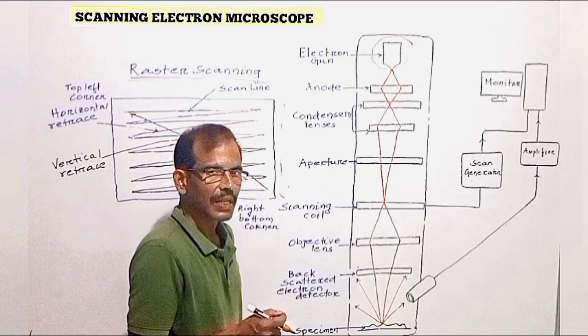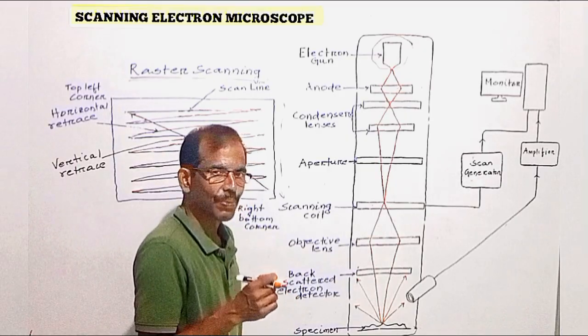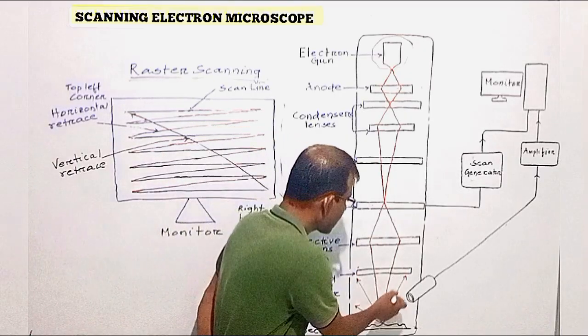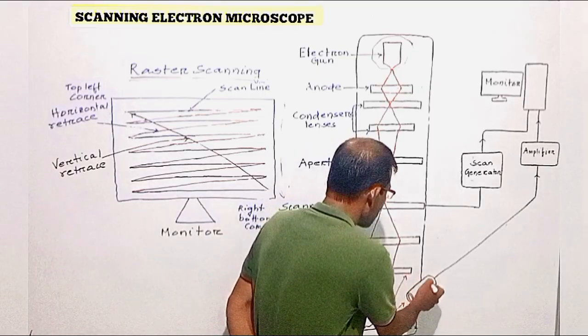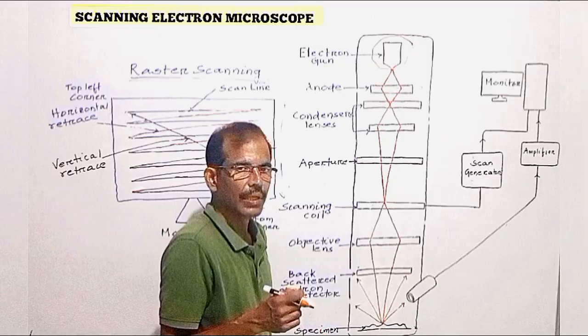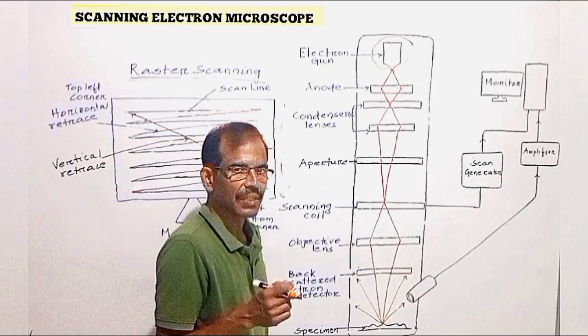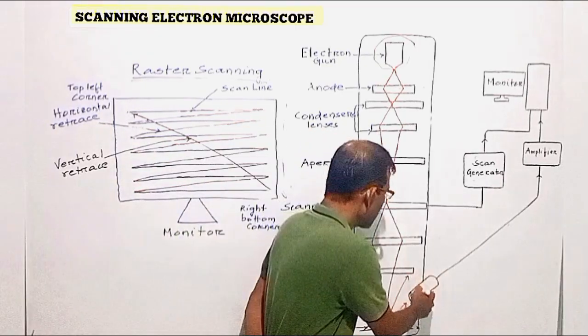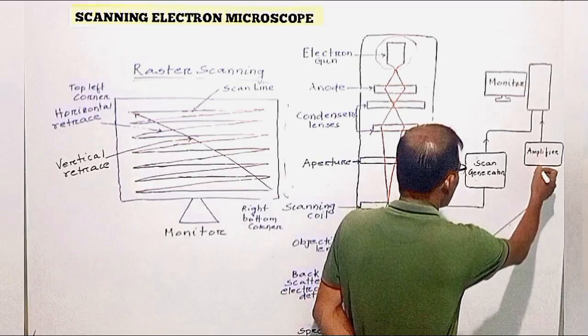They cannot escape from deep within the specimen. The secondary electrons are then captured by a detector which converts them into a weak electrical signal. This weak signal is then amplified.